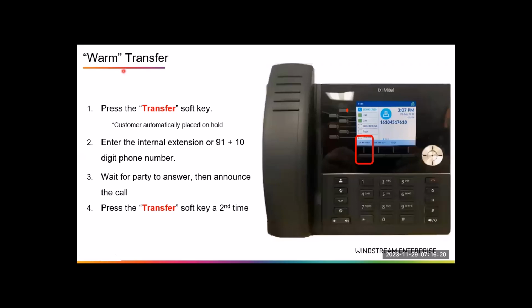So same steps. Press the transfer button once to place the caller on hold. Once the call is already on hold, the line appearance button will start flashing, and then your second line appearance will light up. You can now type in the extension number or the telephone number of the person you wanted to transfer your call to.